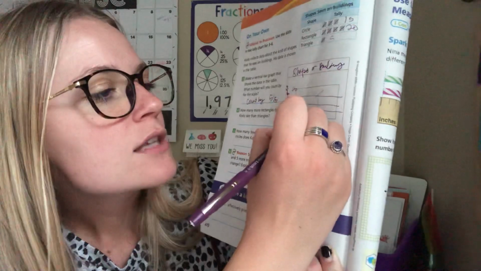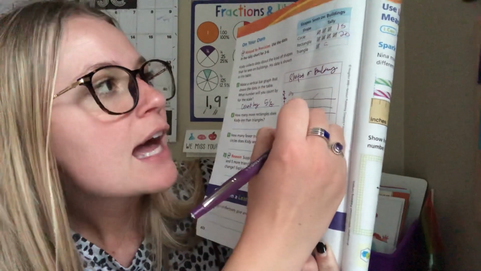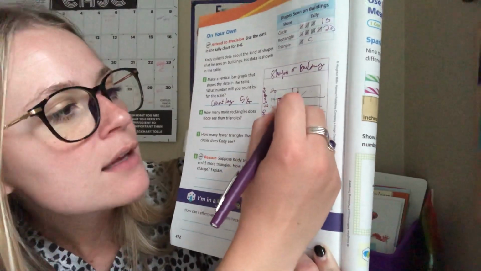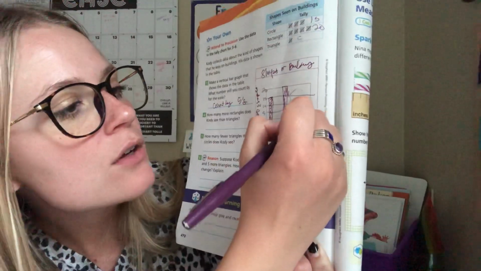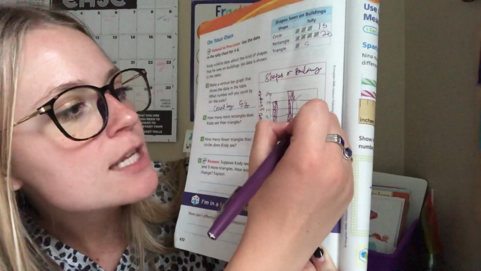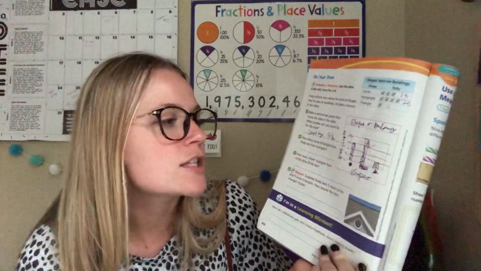For rectangles, I'll draw a rectangle. And that has 20 votes, so I'm going to go all the way up to 20. And then finally, the triangle has 5 votes, so I'll go just up to 5. Just a few triangles.